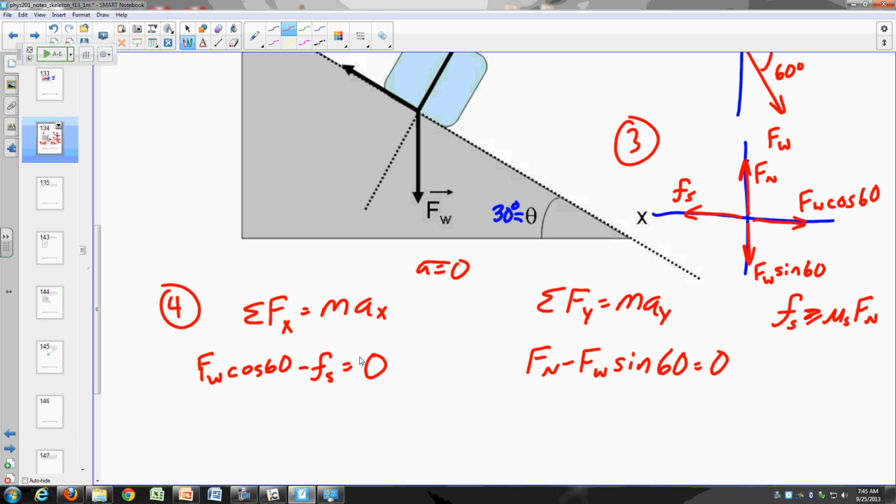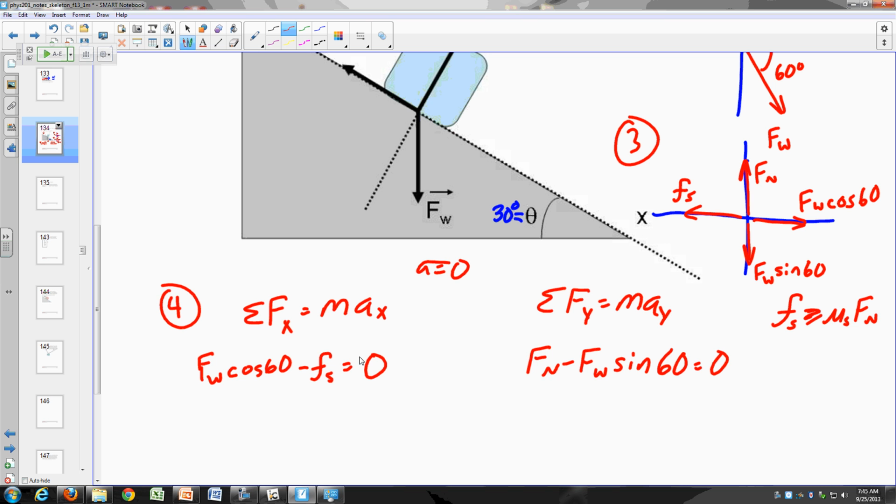I'm looking for mu. So what is going to be my plan here to find mu? I can find Fn first, right? And I can use this y equation here to find Fn. That'll give me part of what I need to find mu, because that'll give me my normal force. What else do I need to find? Right, I can find my static frictional force, which I can find here, and then that's the end of the problem.